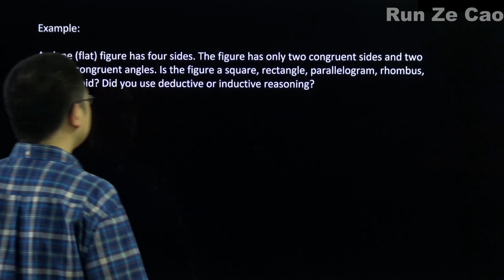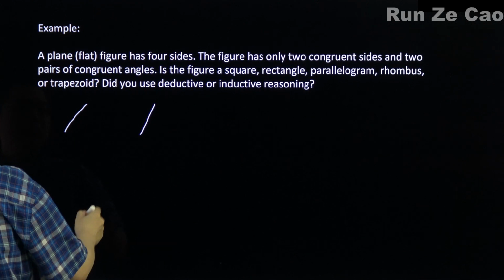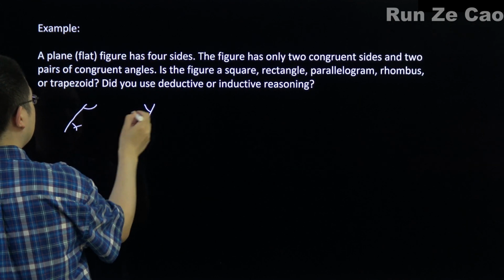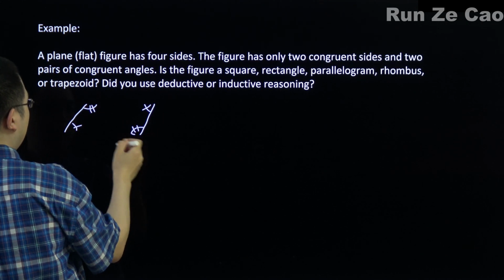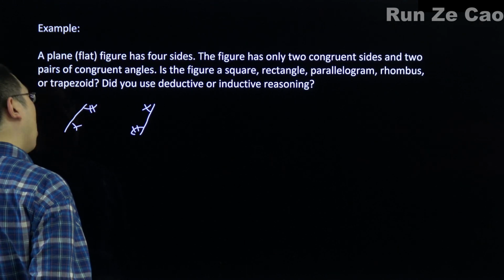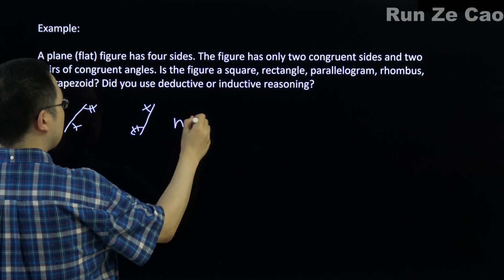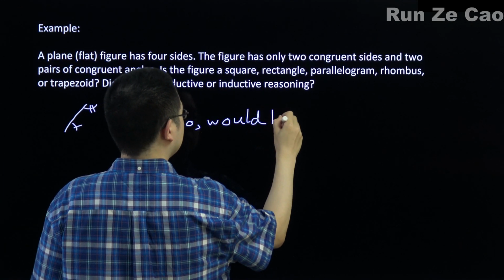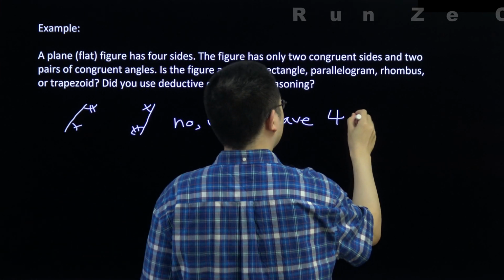Well, if you had 2 congruent sides and they look like this, and you had 2 pairs of congruent angles, like these, you would be looking at a parallelogram. Yeah, you only have 2 congruent sides, so no. This would have 4 congruent sides.